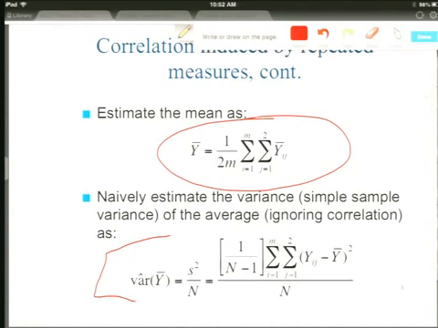I want to know something about how good of an estimate it is, how much precision I have. I generally want to reflect that in a confidence interval, or I may have a test whether the mean is 0, so I may want a p-value. I need some estimate of its variability, typically in those types of calculations. So I need an estimate of this to do the full statistical package.